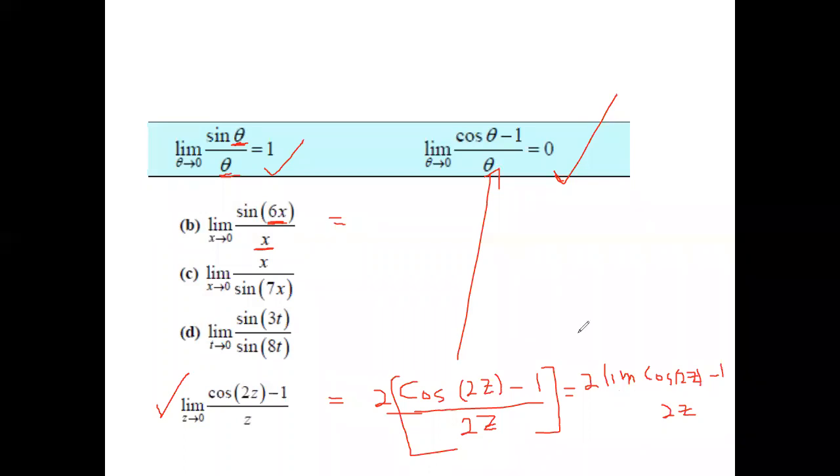Per our principle, the whole of this is going to be equal to 0. So we are going to get 2 times 0, which means that the limit of cos 2z minus 1 over 2z is equal to 0.